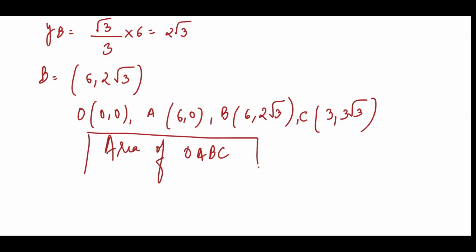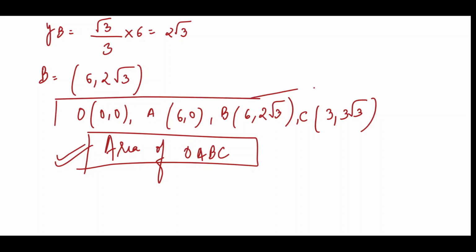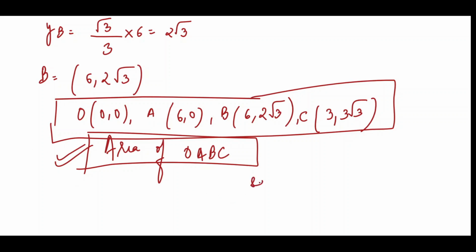Just write in the comment section what will be the area of the quadrilateral OABC, and also explain how we are going to find the area when we have all the four vertices given. Whatever answer you get, you have to express it in terms of square units and also give an explanation of how you found out the area.